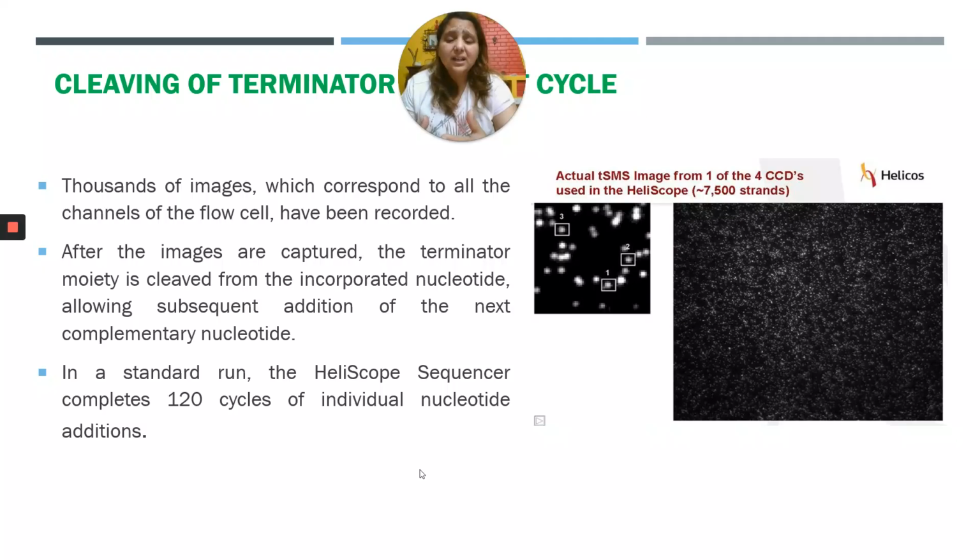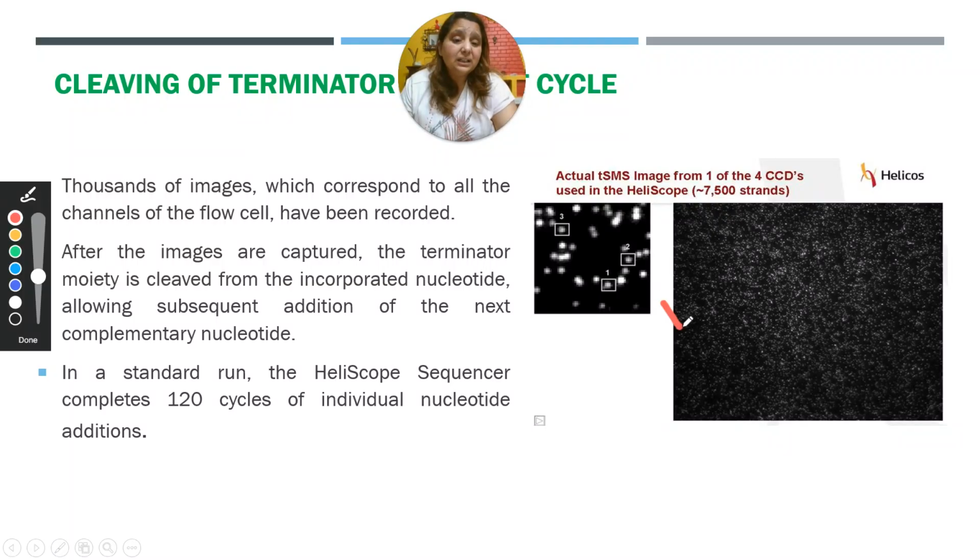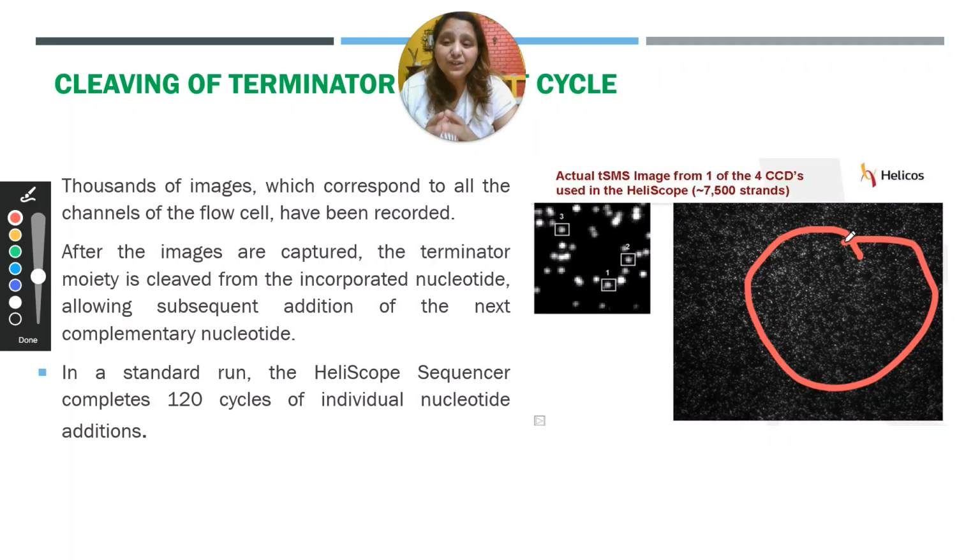And you can see that the flow cell will have thousands of single molecules present on its surface, and the images will be recorded for all these molecules. Every cycle, the image. So these are the images. You can see that these are the images, and for every image, think about it, every image is recorded, and this is kind of a galaxy of images that you get once the images are taken by the sequencer.